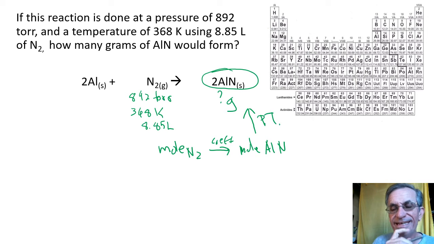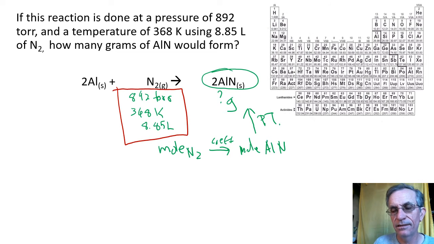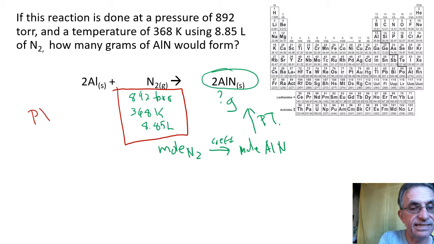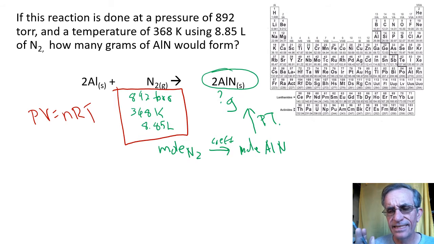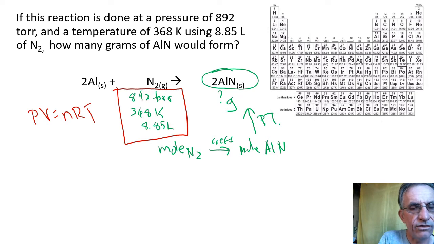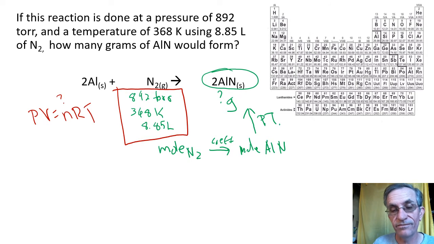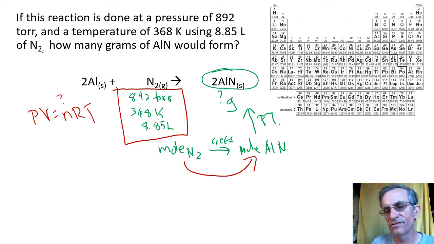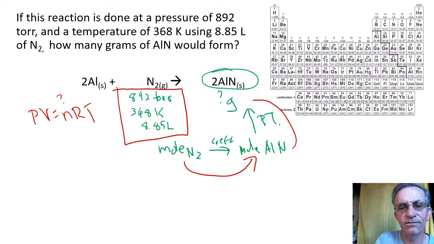So kind of the new thing is, well, how are you going to get to moles of nitrogen? Well, that's why they're telling you all these numbers about this gas. We can plug all of these into PV equals nRT. Once we put them in, and we'll double check we have all the numbers we need and they're all in the right unit, I think what we're going to need to do is then solve for moles, and that'll be moles of nitrogen. And then once we get moles of nitrogen, oh, that's kind of like what we were doing before. Moles of one thing to moles of something else.